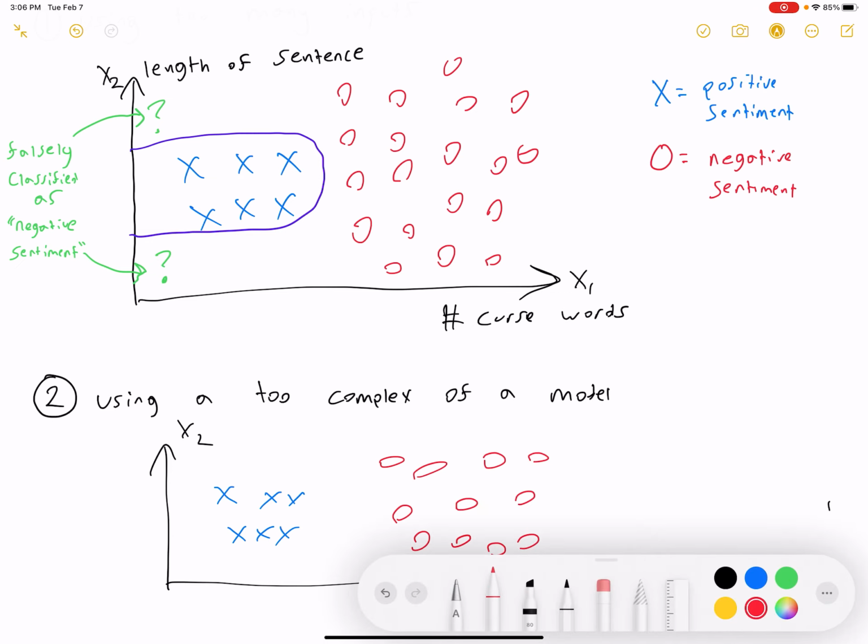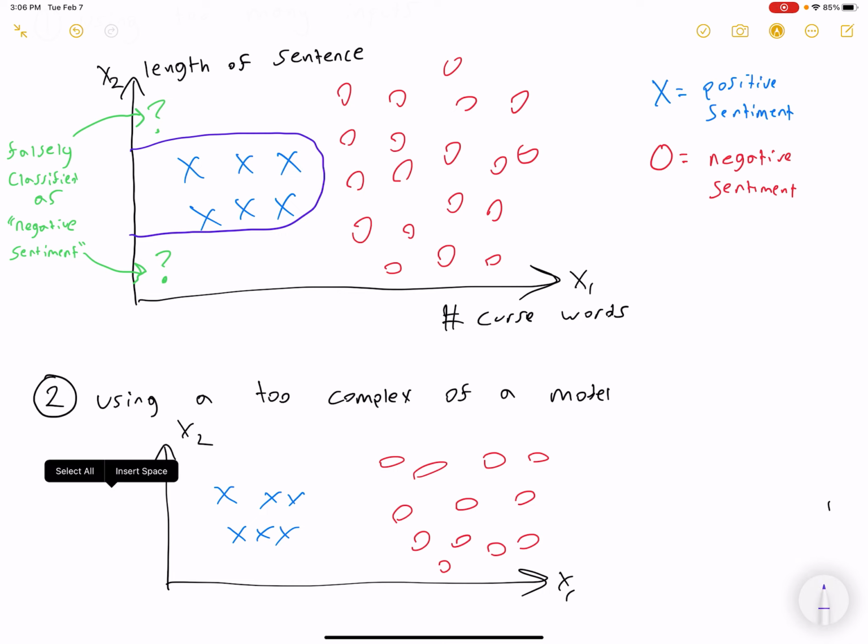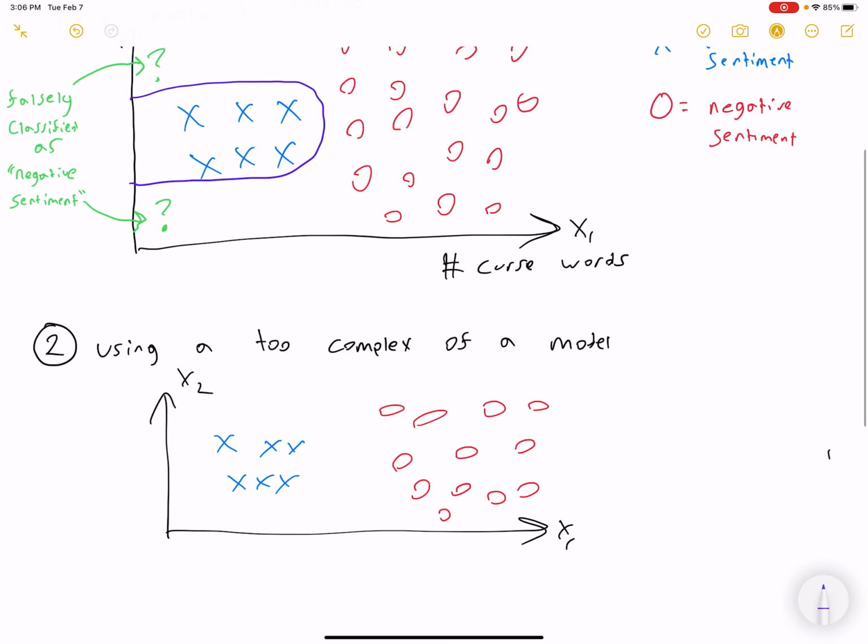Okay, so if we used a simpler model, let's say logistic regression, which is limited to finding linearly separating boundaries, then we might learn a line that kind of goes this way or a line that kind of goes this way, but we're kind of constrained to separating the data with a line.